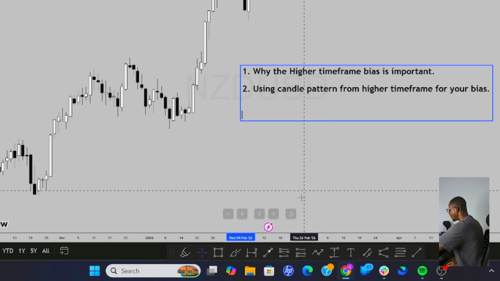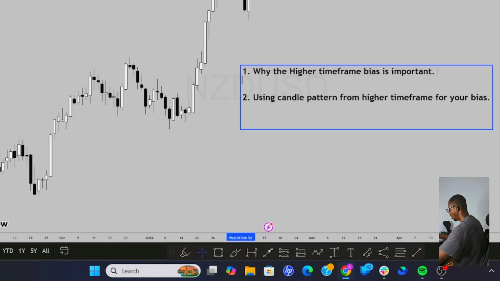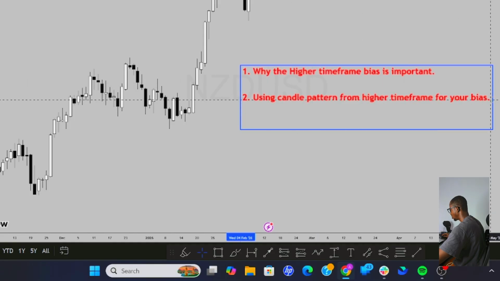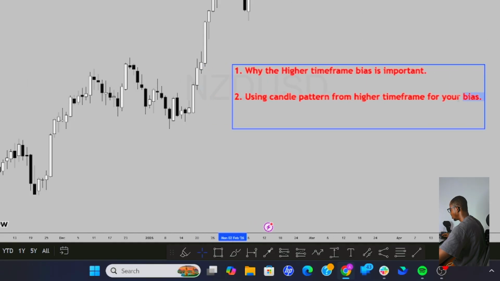The time frames that you must use to build your bias are the weekly time frame, right? You can use the 1 week time frame. Let me change this to red. Sorry.